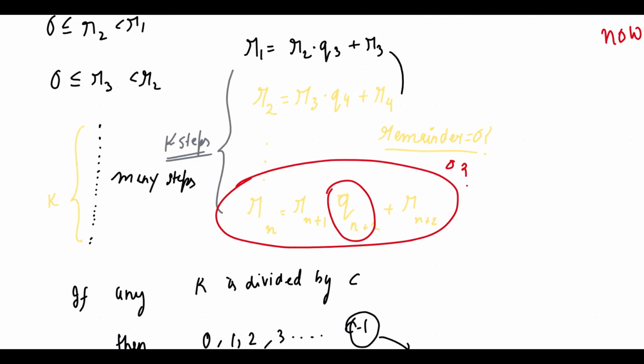So the value of the remainder is decreasing step by step. So there is a time where the remainder would be 0, right?